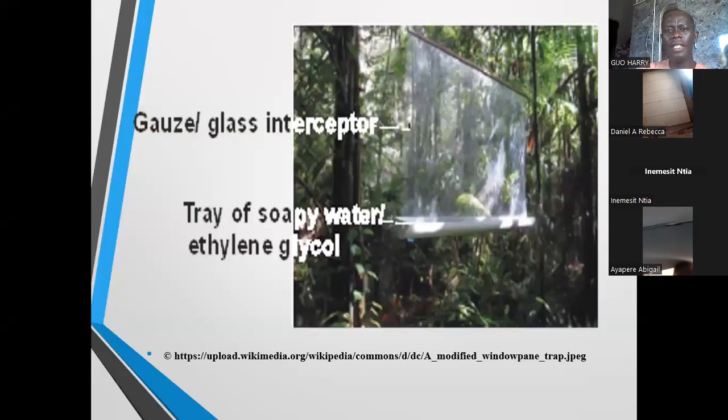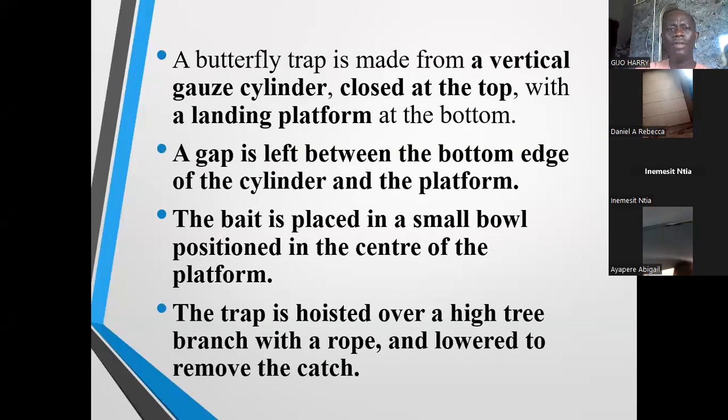Now here is a recap of what we have discussed so far. Like we've said earlier, we have looked at the various collection methods of insects and arachnids.